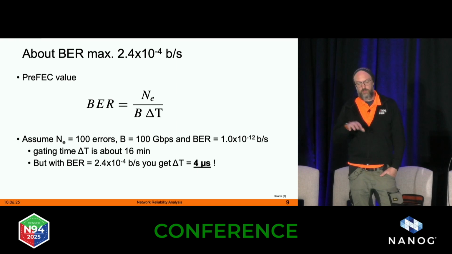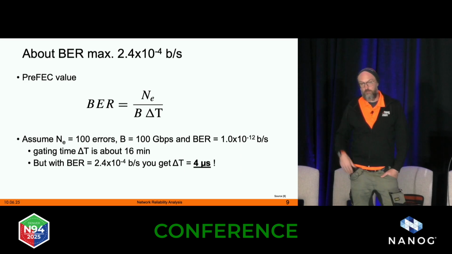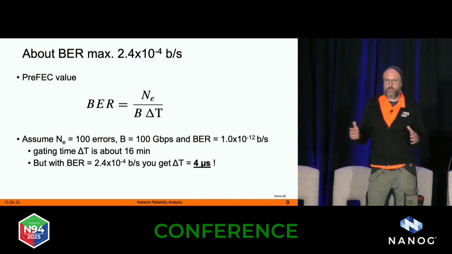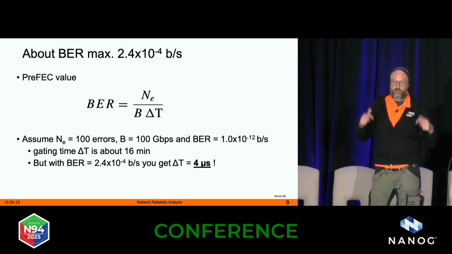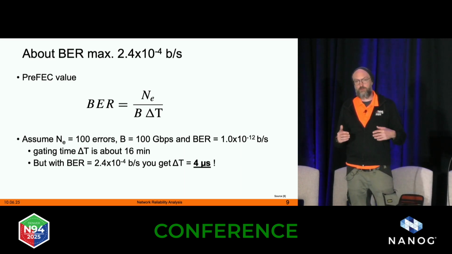Now, when we look a little bit at the figures, we assume 100 errors on a 100 gigabit link, and we have a really great bit error rate of 10^-12, which is perfect. We would call that error-free. Then the gating time is roughly 16 minutes. So every 16 minutes, an error will show up, which is great. Now, when you look at 10^-4, the gating time goes down to 4 microseconds.